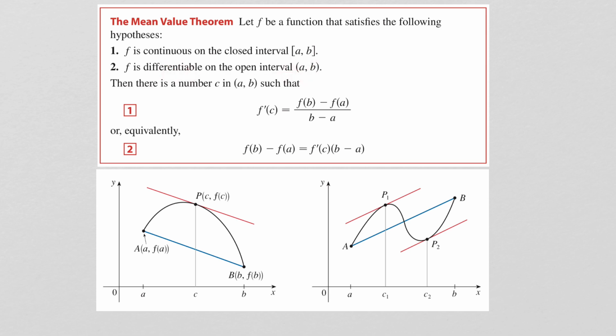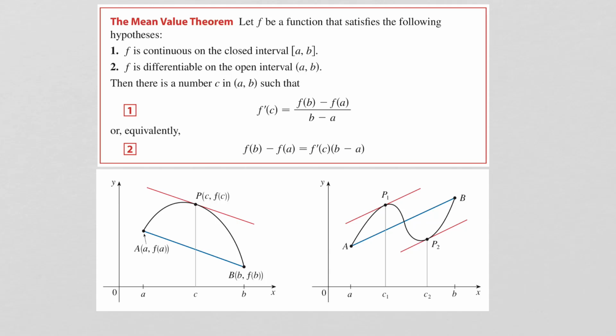If this is true, then there is a number c strictly in between a and b, such that f prime of c is equal to f of b minus f of a divided by b minus a. Or, equivalently, you can write that as f of b minus f of a must be equal to f prime of c times b minus a.